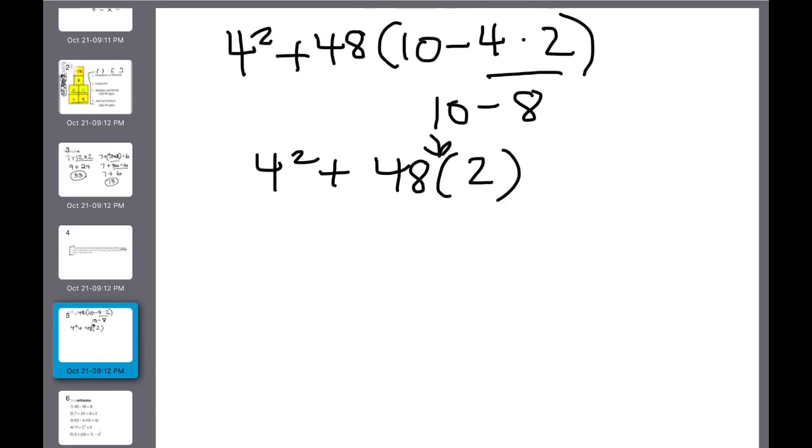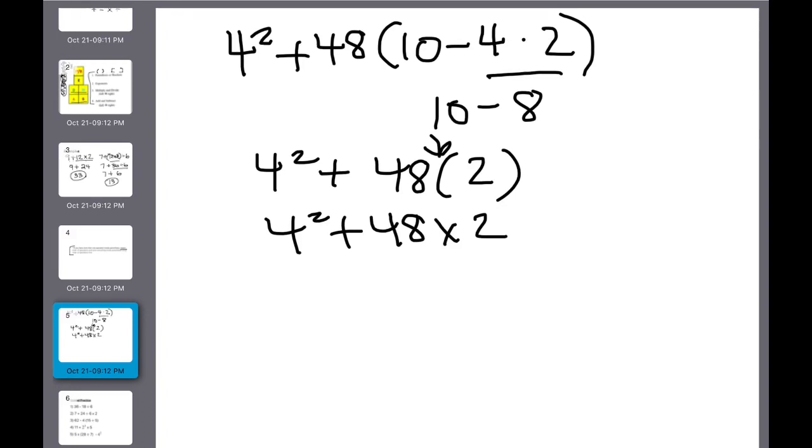And it's not 482. We've looked at this in bell work. When you have a number outside parentheses and no sign, this means multiply. So if you're going to get rid of the parentheses, you have to put a multiplication sign there instead. A lot of times my students get rid of the parentheses and forget that multiplication sign. So I really, really, really want to bring that to your attention.